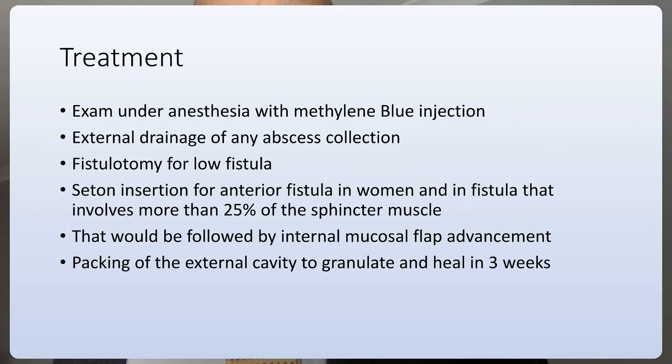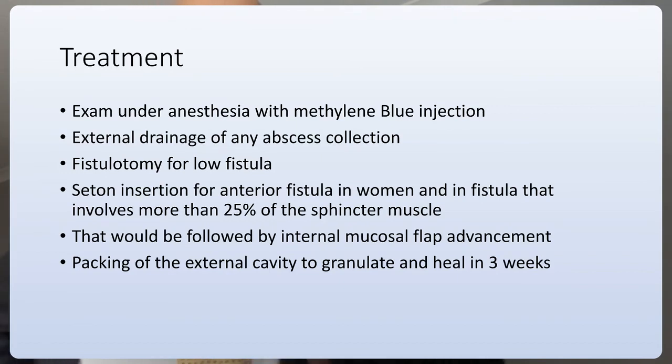Now, I'll try to keep the treatment as short as possible. After getting an MRI and clinical examination, ruling out the possibility of Crohn's or cancer, and taking their past history of perianal sepsis or any previous surgery in the anorectal region, we examine them under anesthesia, and we could use either methylene blue or hydrogen peroxide.